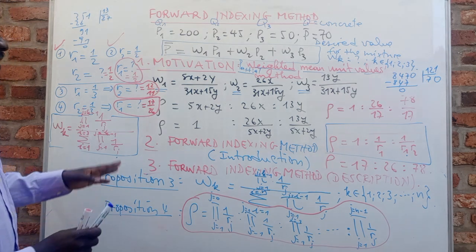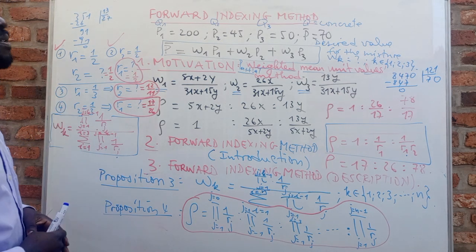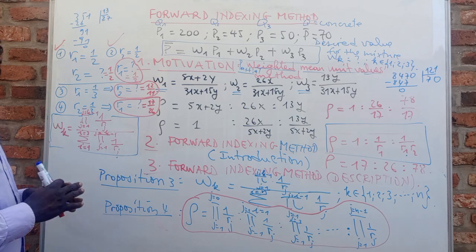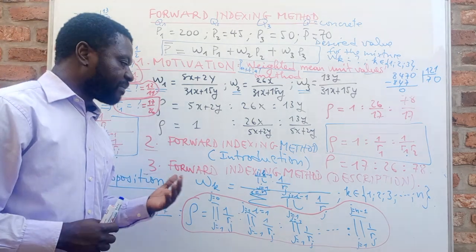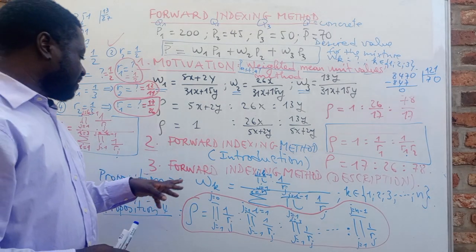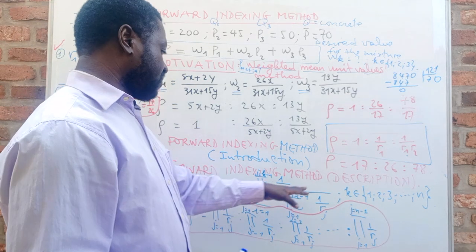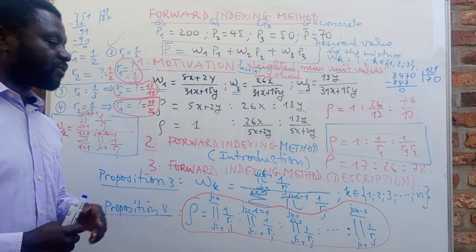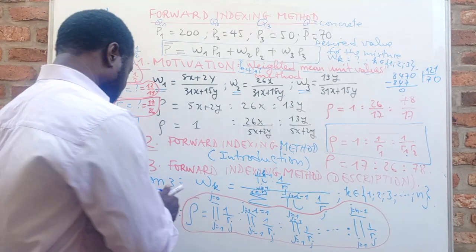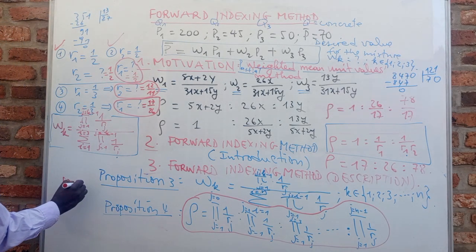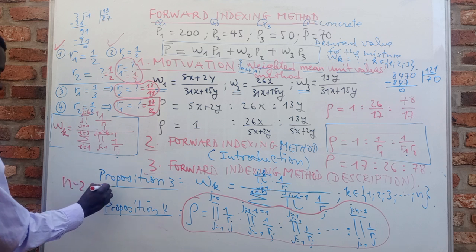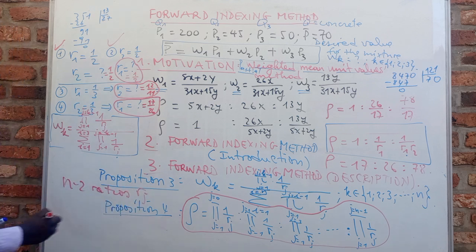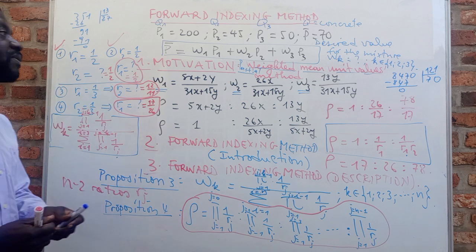Next time we're going to prove all these 4 propositions and see one formula which will help us to recover, if you have n minus 1 ratios Rj, or if we know n minus 2 ratios Rj, in this case we can use this equation.